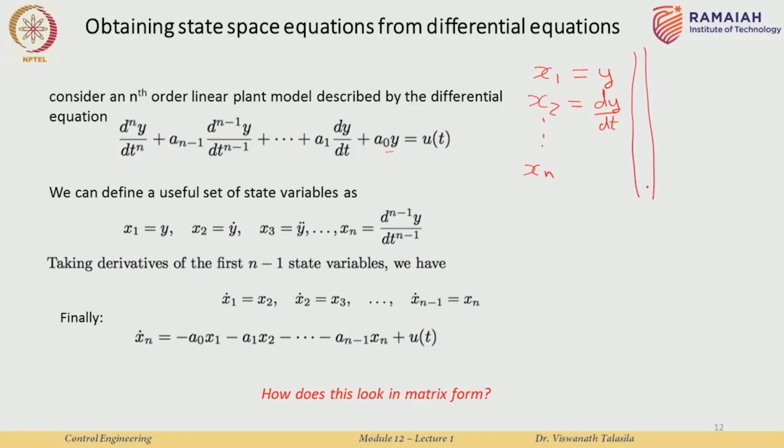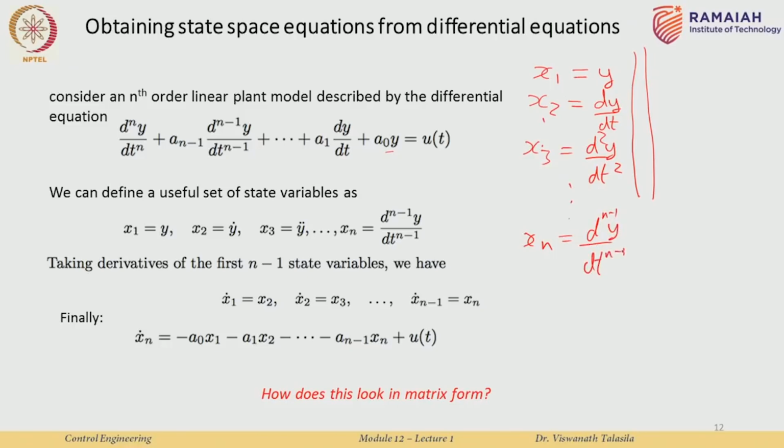So, I have x1 is equal to y, x2 is equal to dy by dt, and in a similar way, x3 is basically d square y by dt square. I can go on all the way to n, and basically what I would get is d^(n-1) y by dt^(n-1).